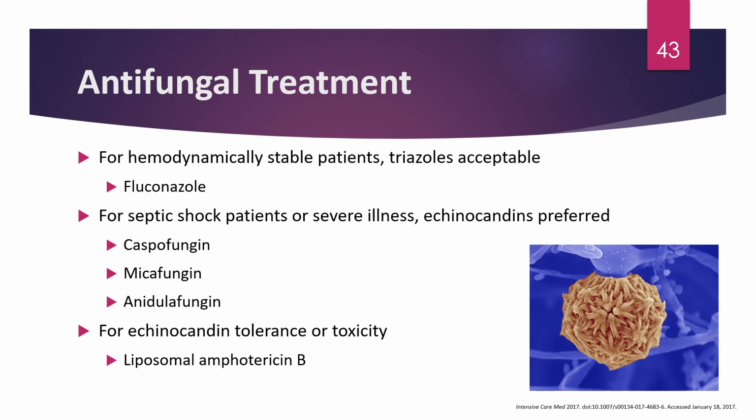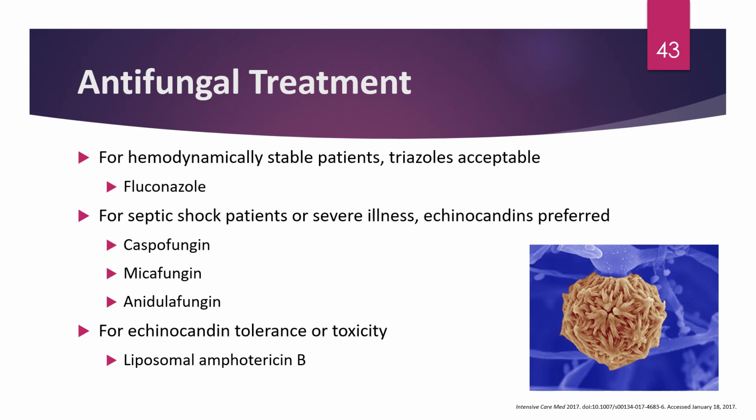Now, in patients who are a little bit more severely ill, where they might have septic shock, where the tissue perfusion is already happening or hypotension is happening, or in patients with severe illness, echinocandins will be preferred in that case. The most common being caspofungin and micafungin, but anidulafungin is also available. For patients who have echinocandin tolerance or echinocandin toxicity, liposomal amphotericin B will be along the last line that we would use.